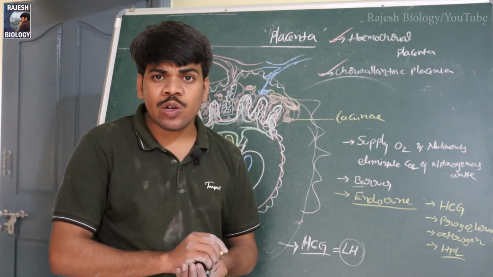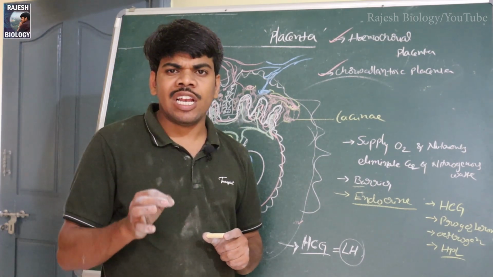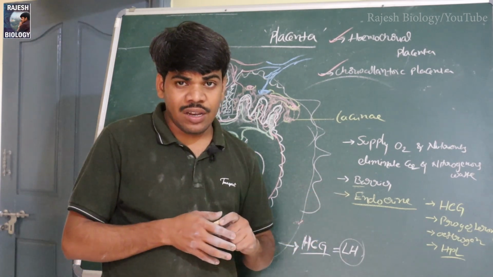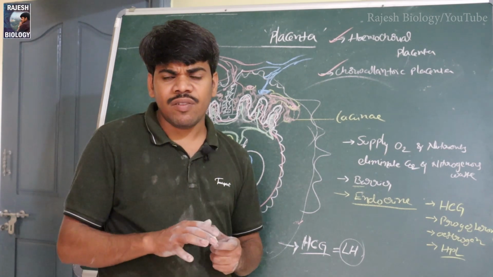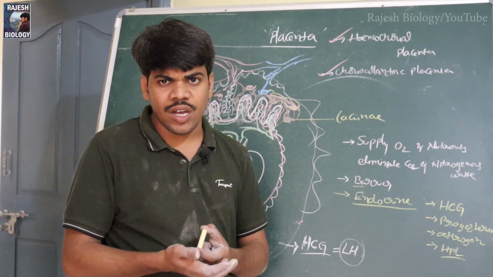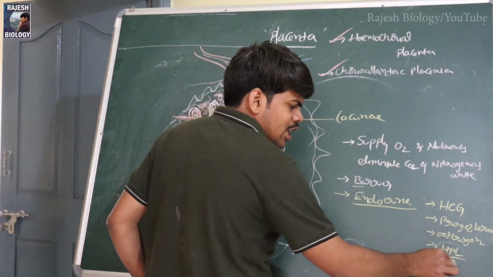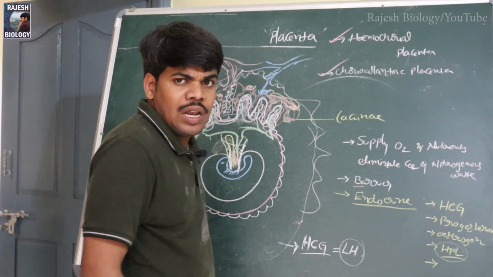Human placental lactogen acts like prolactin. You know prolactin function, it helps in the secretion of milk. So that is a function of the HPL, working on the mammary glands for the development and secretion of milk.